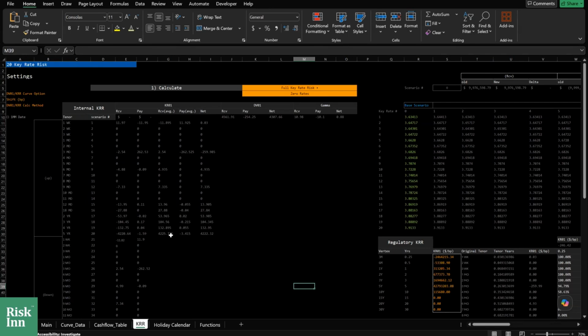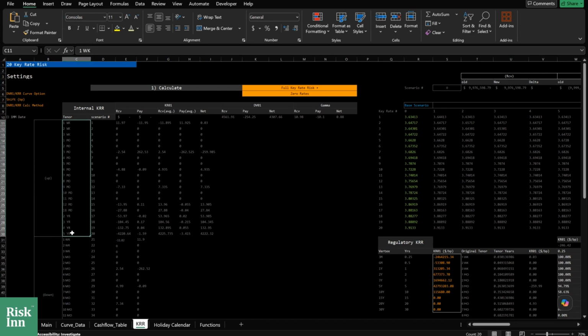So what we want to do is calculate sensitivities. If tomorrow the 2-week rate shifts by 1 basis point, what is the PNL on the IRS interest rate swap? Okay, if the 6-month rate moves by 1 basis point, what is the change in value of the IRS?